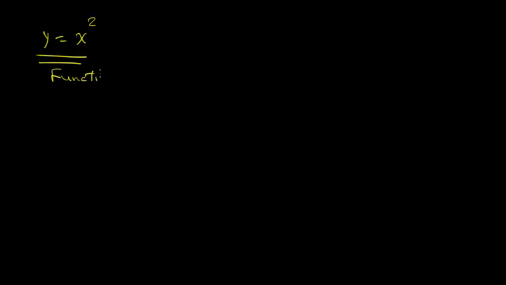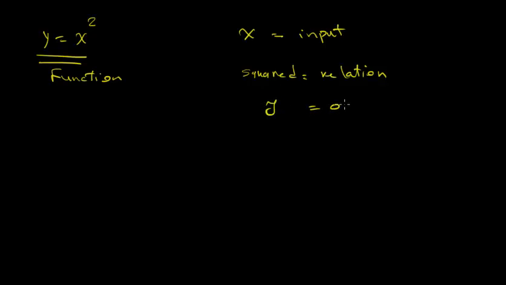Why is that? Because you have an input, x, which is squared. The input is squared, so this is a relation, and you have y, which is the output, so there is a function.